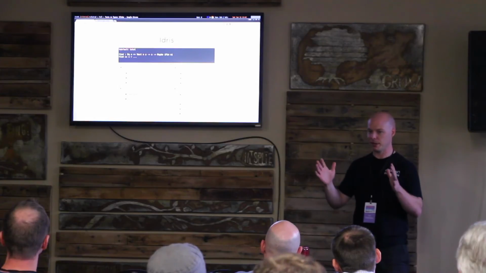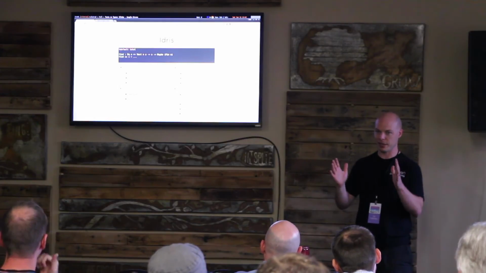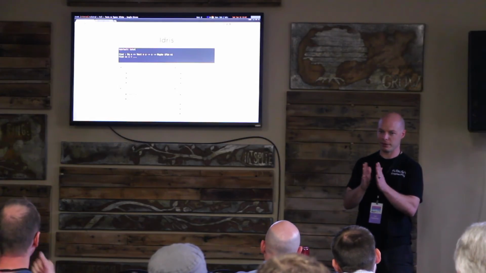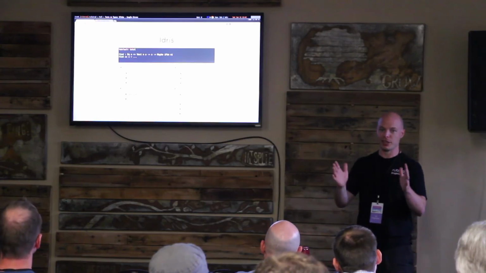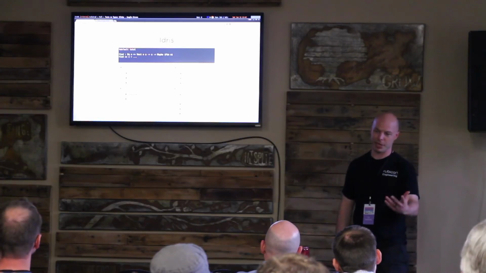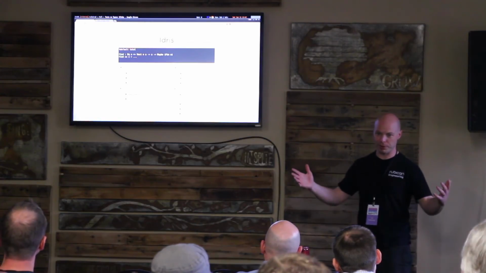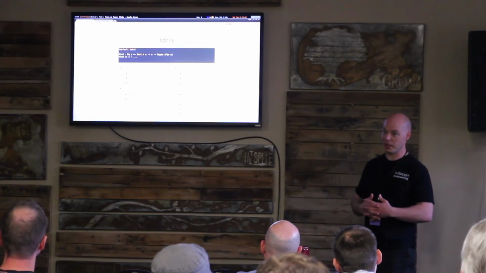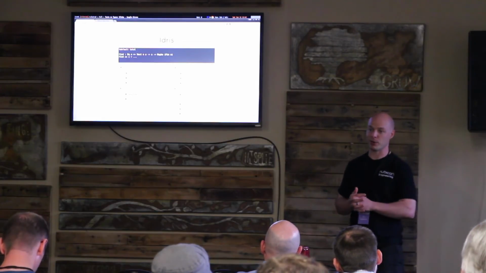You have to be shrinking your data in some way, taking the head off of a list, or there are some rules that come with totality checking that keep it away from the general halting problem. But it's neat, but it also hurts my brain.